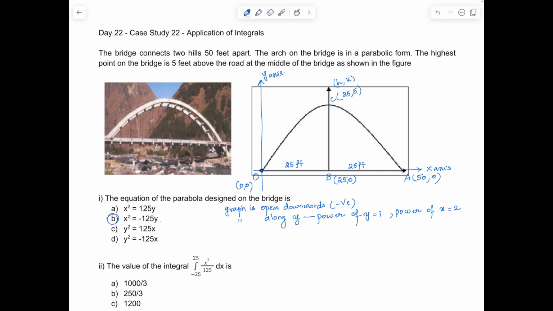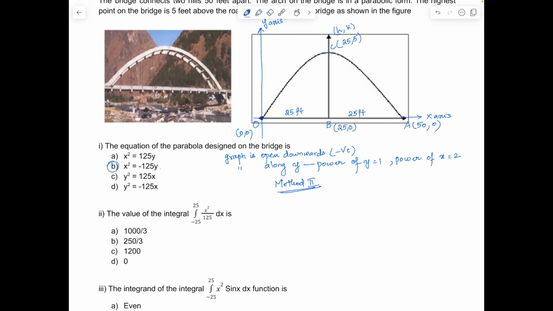The second way of doing it: the general equation for this parabola is x square is equal to minus 4ay. Since there is a vertex h comma k, we rewrite this as (x minus h) the whole square is equal to minus 4a times (y minus k). Now this curve is passing through the origin.